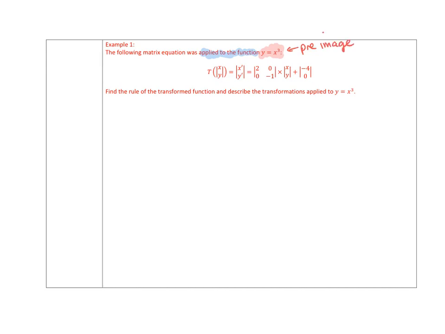We can see that the following matrix equation, well, what are we talking about here? That's this matrix equation. So this is a series of transformations that have been applied to x and y in order to find a new x and a new y.